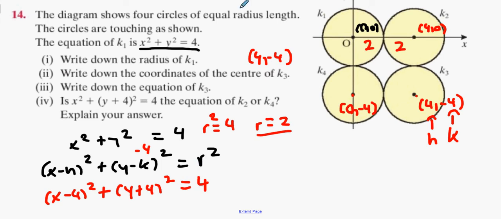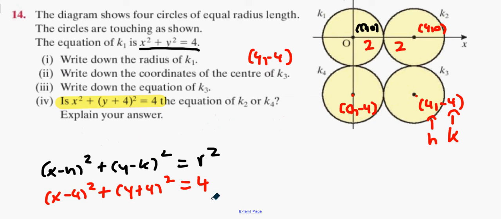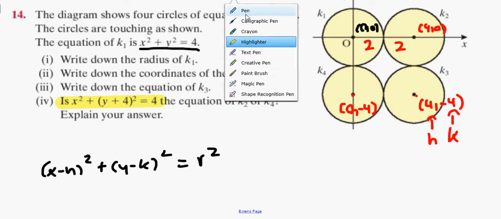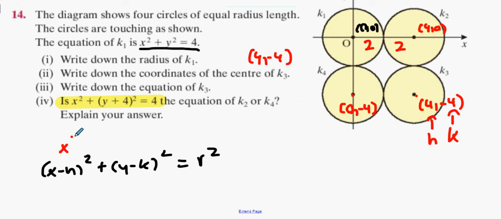Next one. It gives us this equation here. And is it the equation of k2 or k4? Explain your answer. Alright, no bother. Here's what we're going to do. We're just going to compare it to the following: x squared plus (y plus 4) squared equals 4.